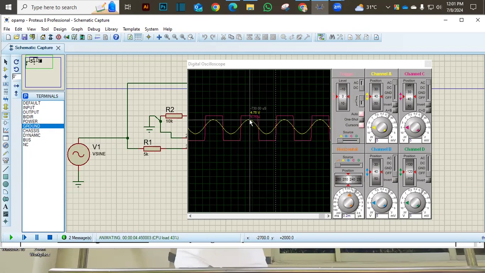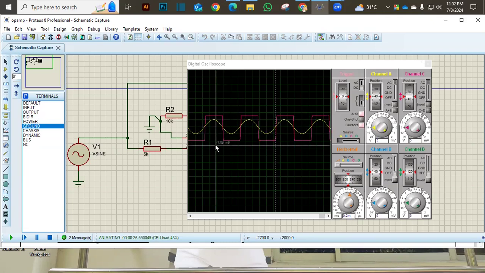We see that our output shape is a square shape, and what we can find here is that when our input voltage is at the positive level, our output voltage is also at the positive level. Our input voltage is 5 volts and our output voltage is approximately 8.50 volts. So this is a non-inverting amplifier.